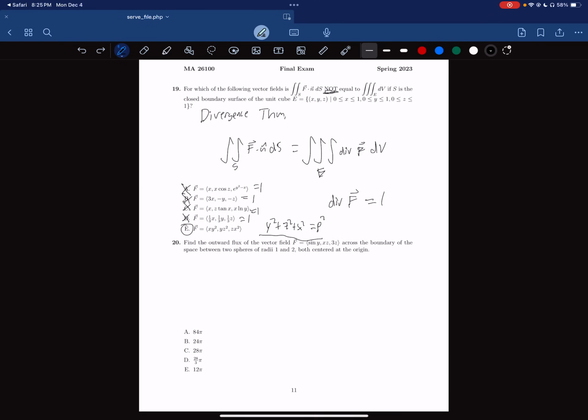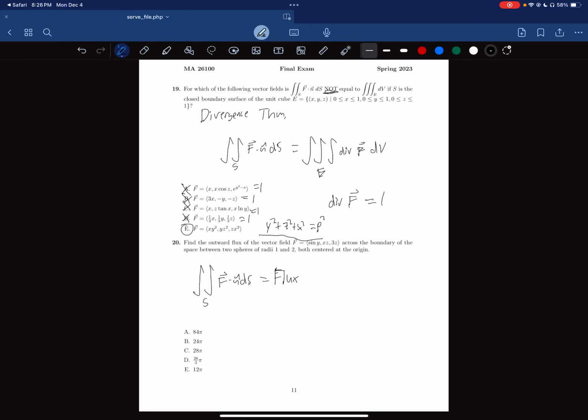Number 20, find the outward flux of the vector field F equals (sin y, xz, 3z) across the boundary of the space between the two spheres, radii 1 and 2, both centered at the origin. Okay, this is another divergence theorem problem. We know that the surface integral of F dot n dS is really just our flux.